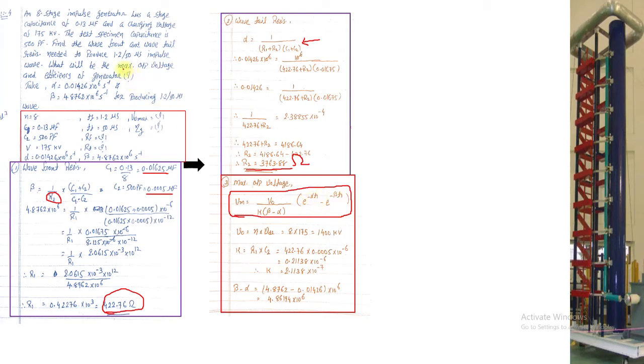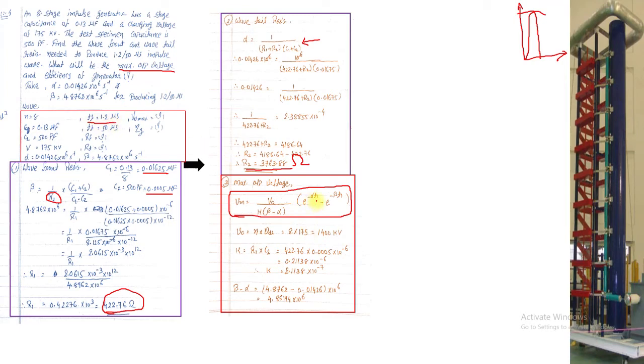Because we are interested in getting the maximum output voltage, and maximum output voltage means if we are considering the impulse voltage wave shape, then we need to consider the wavefront time. Okay, because wavefront time represents the time at which the wave attains a peak magnitude. So we need to consider this TF as T1 value.